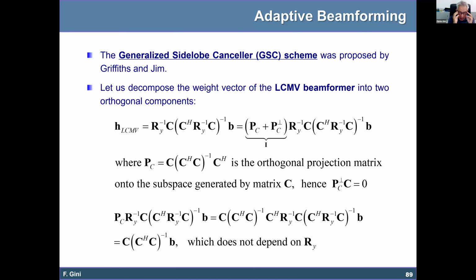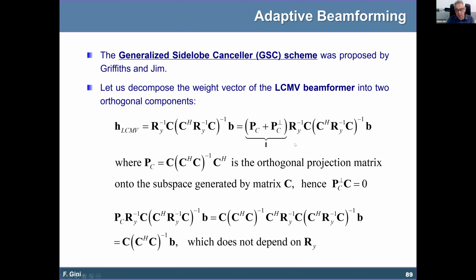So this canonical architecture is called generalized side lobe canceller. This is not a different beamformer, but it is an efficient way to implement the LCMV beamformer. Okay. So we start from the expression of the linearly constrained minimum variance beamformer, this one.